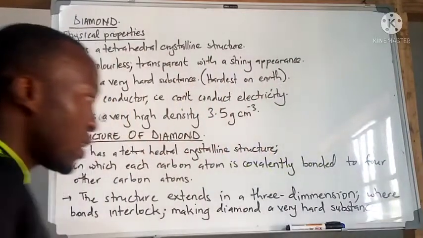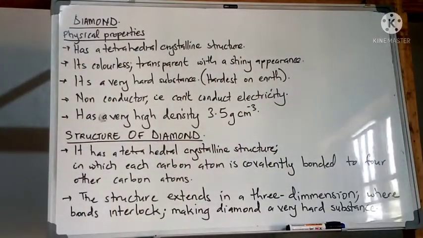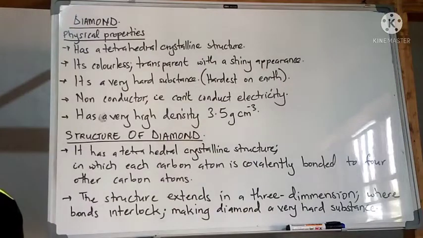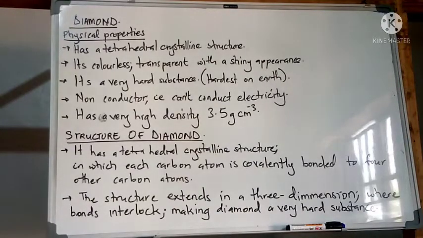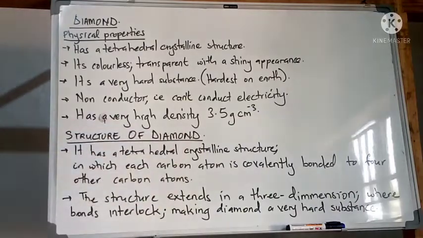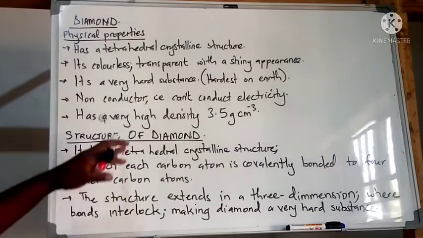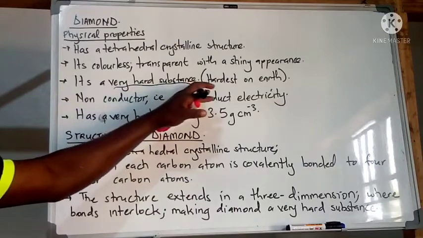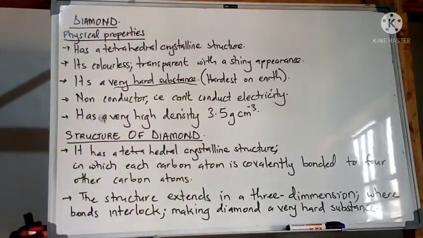So within the structure of diamond, the bonds are going to interlock, and that explains why diamond is a very hardy substance, as we've said here in the physical properties.